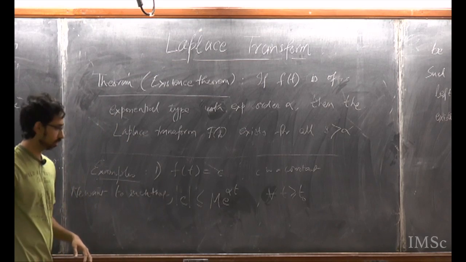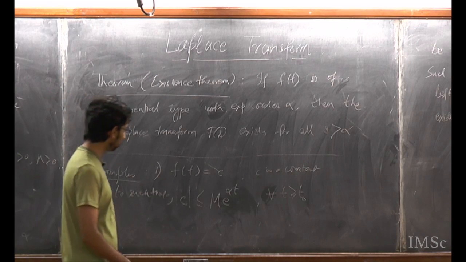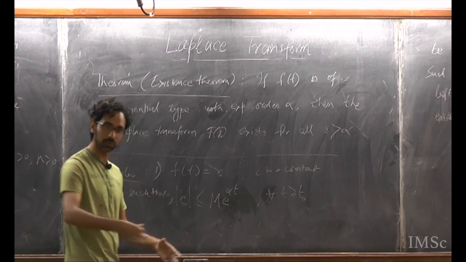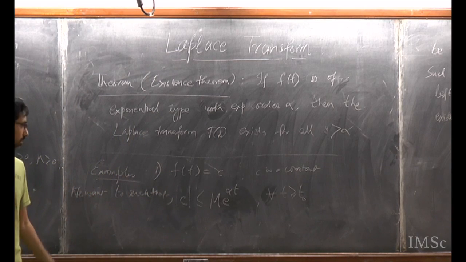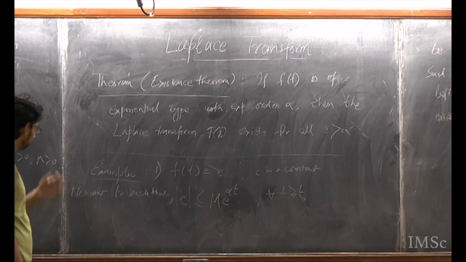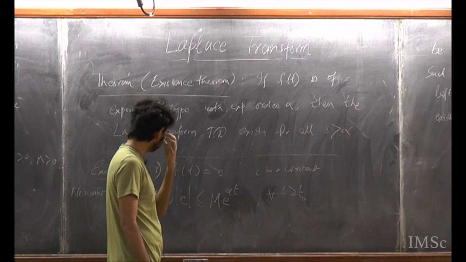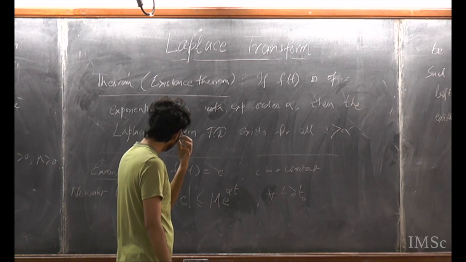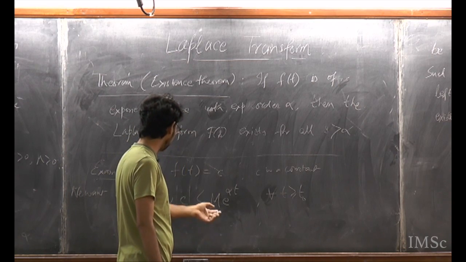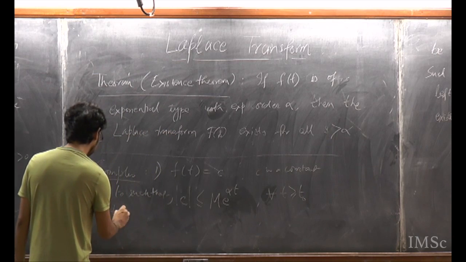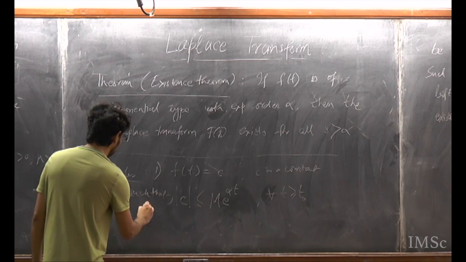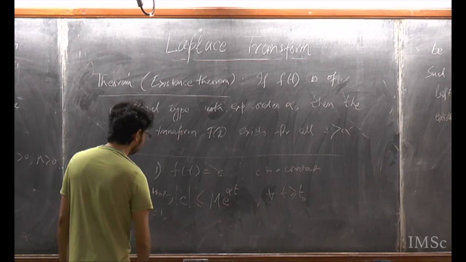And this is easy, right? Because the exponential function will grow faster than the constant function. So you can just take M equals 1.